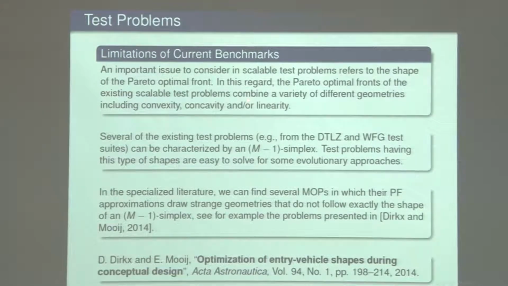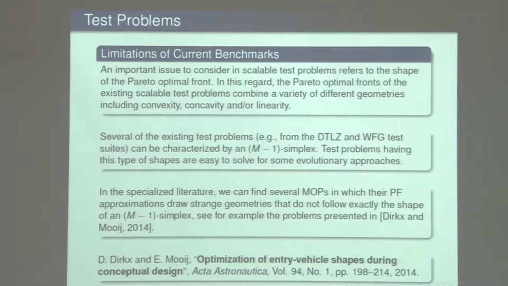So something important to consider in scalable test problems is the shape of the Pareto optimal front, because the existing scalable test problems combine different geometries that we already know: convexity, concavity, linearity, and so on. And several of the existing test problems can be characterized by an n-1 simplex.